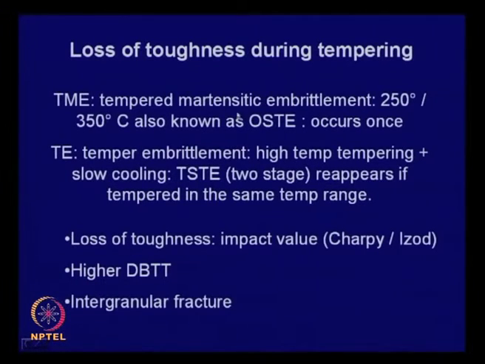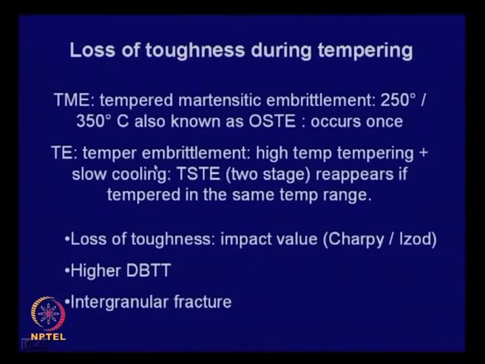They are some kind of precipitation, and sometimes the kinetics is such that this is fastest around 250, and with some alloy additions it can change to 350. This type of embrittlement is also known as one-step temper embrittlement. This occurs only once during tempering.